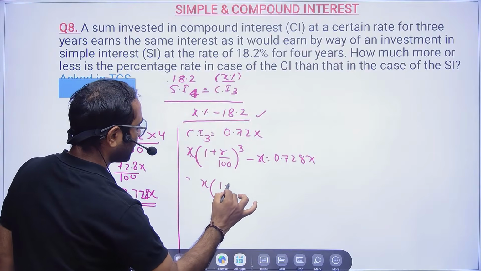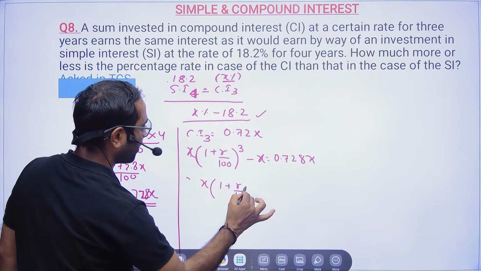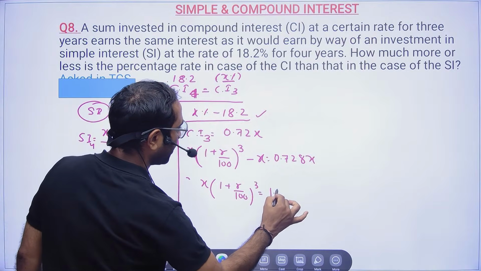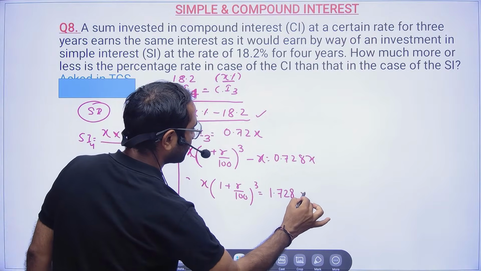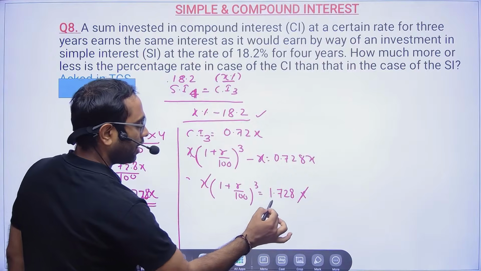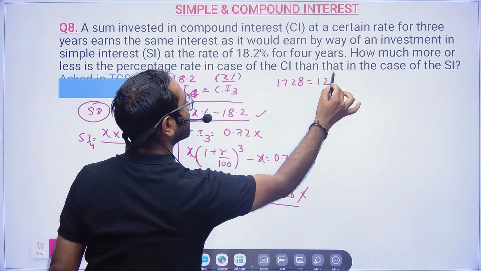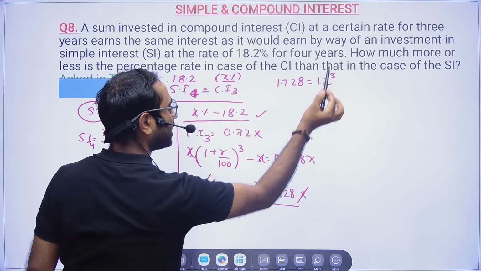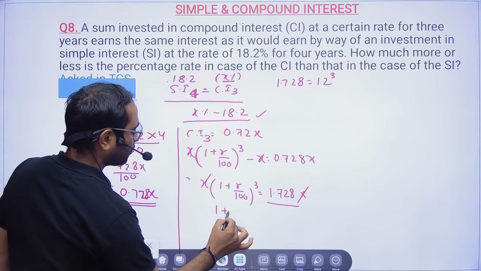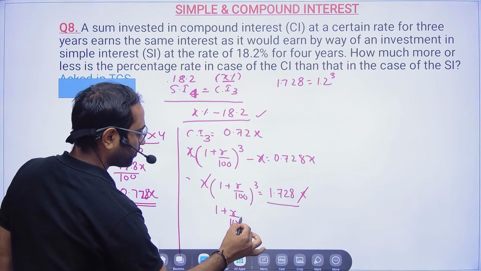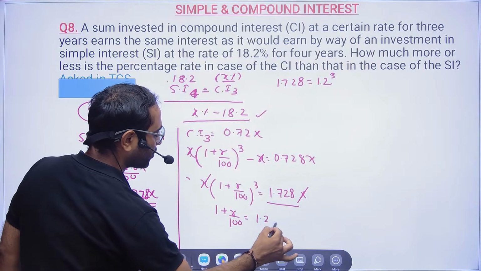So x into (1 plus R by 100) to the power 3 is 1.728x. x and x cancel, and 1.728 is nothing but 1.2 cube. So 1 plus R by 100 is nothing but 1.2 cube.